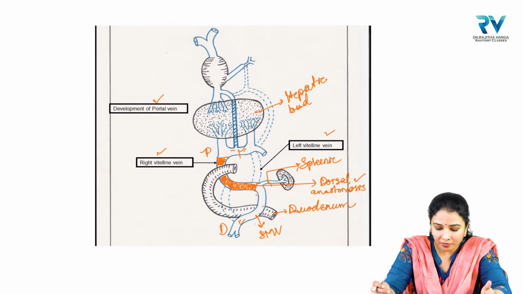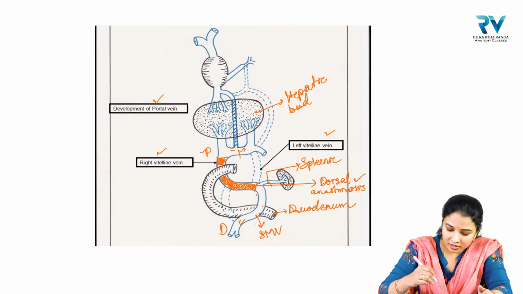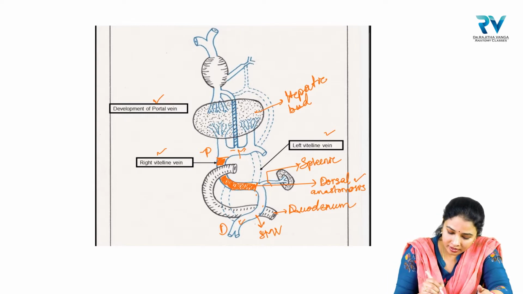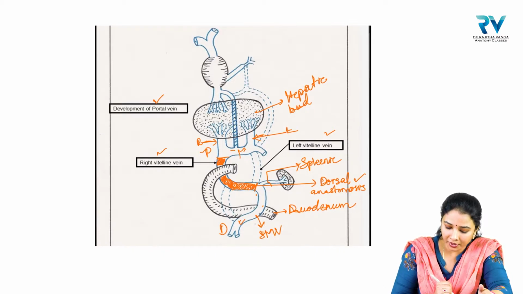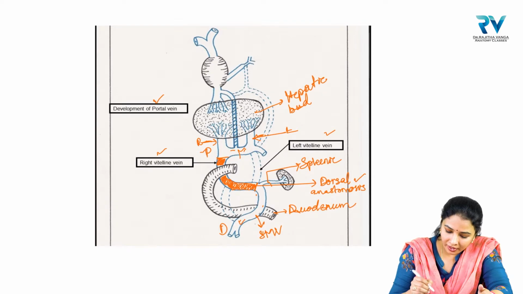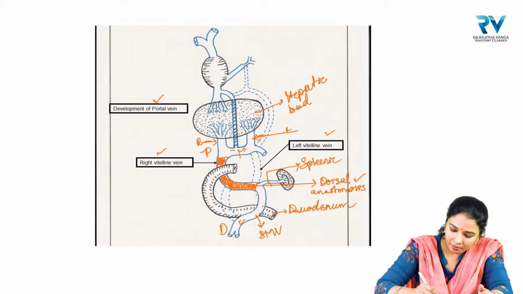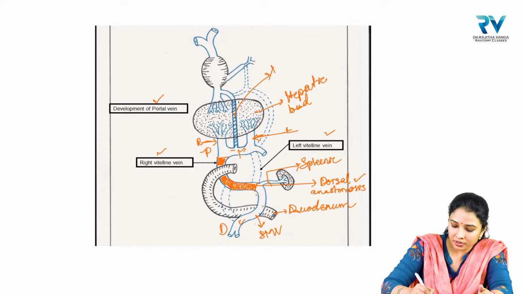Hepatic bud develops within the septum transversum, and we can see this is the right branch of portal vein and this is the left branch of portal vein. The left branch communicates directly with the inferior vena cava by ductus venosus.